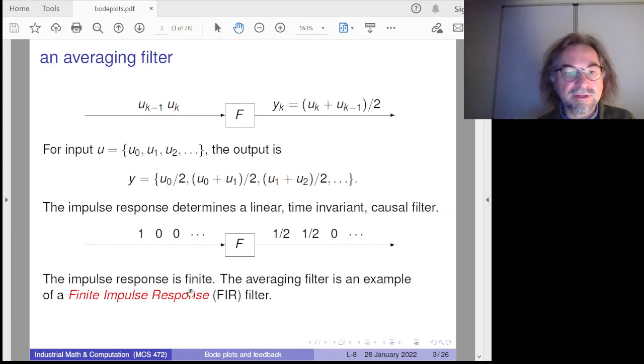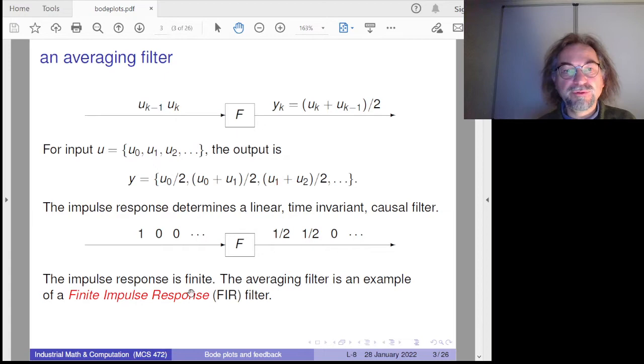So I'm using this type of filter also to introduce what is called the finite impulse response filter. So we see that the impulse response is finite, so only finitely many different non-zero numbers, so you can truncate it here essentially after the first two numbers. So this is called then a finite impulse response filter.